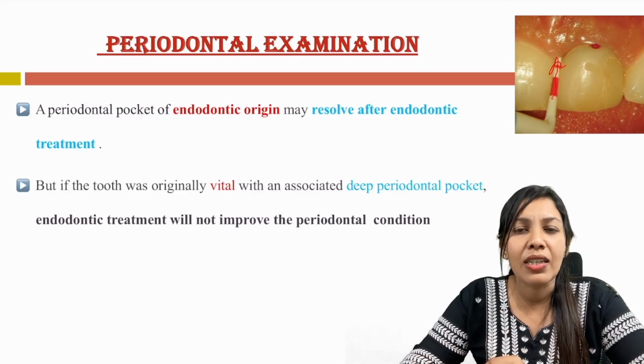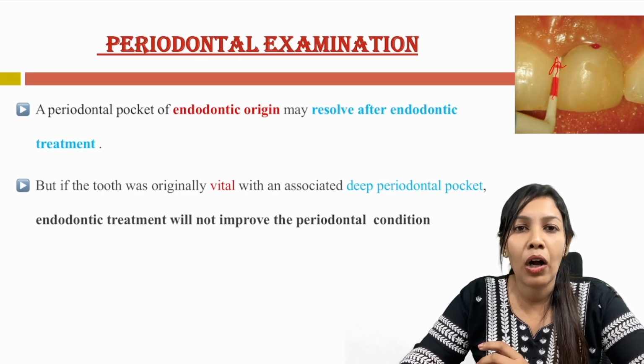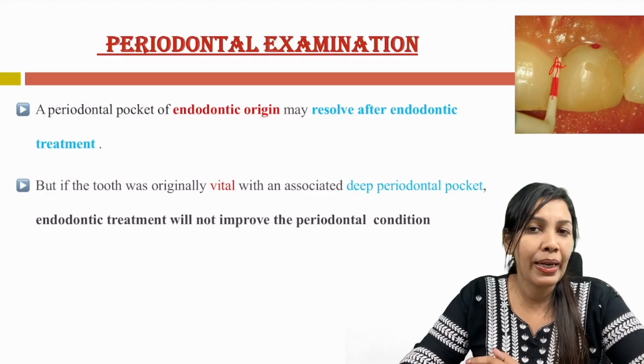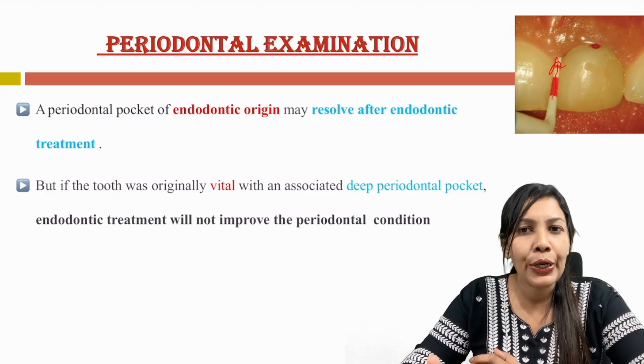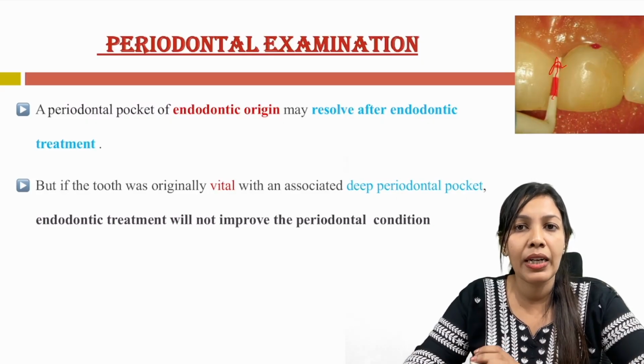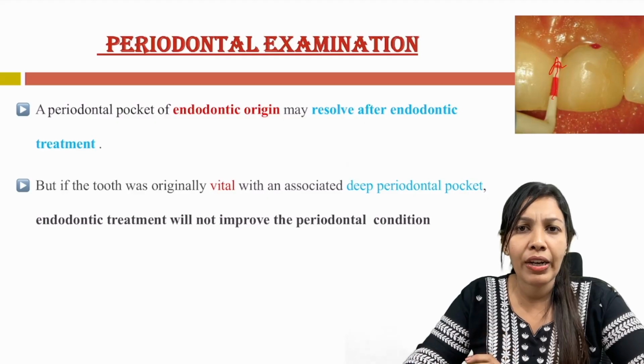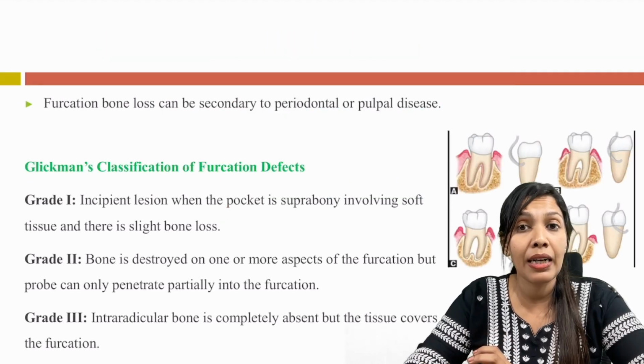In these conditions, a simple root canal treatment cannot resolve the problem, but we need to do a periodontal treatment like flap reflection, curettage, surgery, etc. So this is very important. When there is a periodontal apparatus problem, we have to do periodontium related treatment. An endodontic treatment alone cannot resolve periodontal problems.